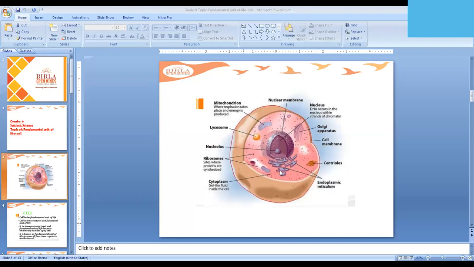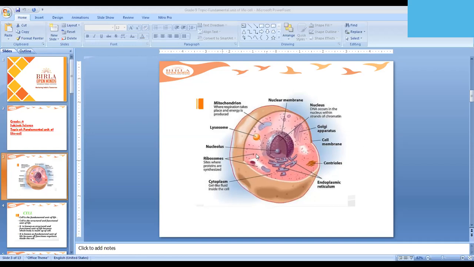We all know that the nucleus contains the DNA, which is the genetic material, in the form of strands. The chromosomes are also present inside the nucleus, the chromatin material. Everything is covered by a nuclear membrane, and inside it the nucleolus is present.